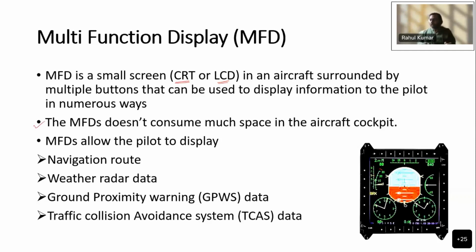Since it is small, it does not consume much space in the aircraft, and the multifunction display allows the pilot to display navigation route, weather radar data, ground proximity warning data, how close you are to the ground, and traffic collision and avoidance data.